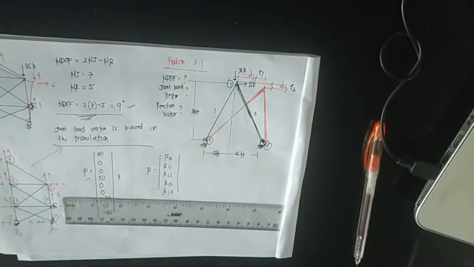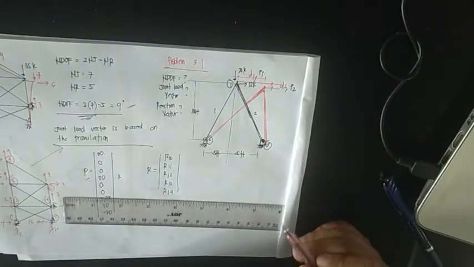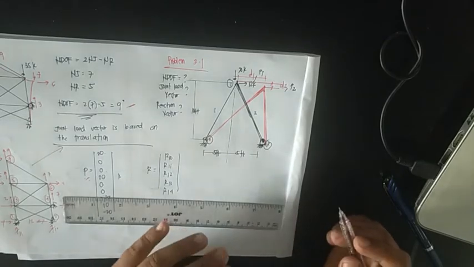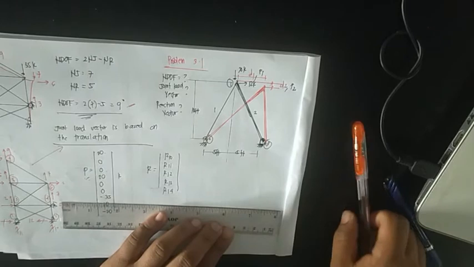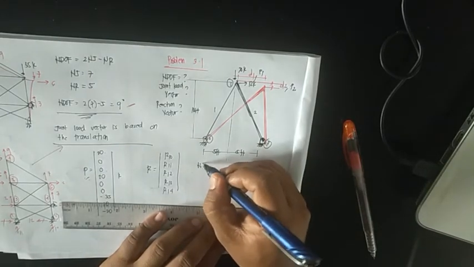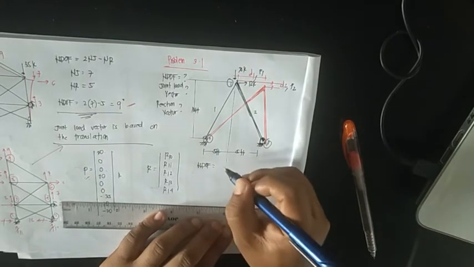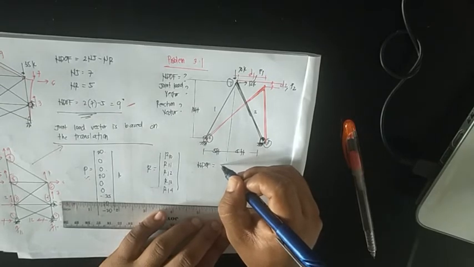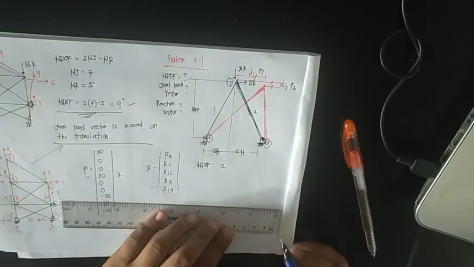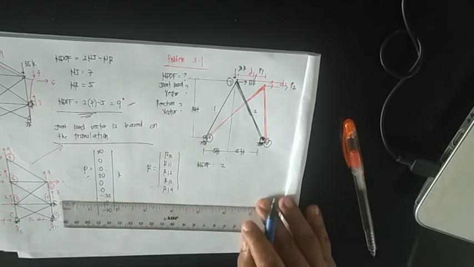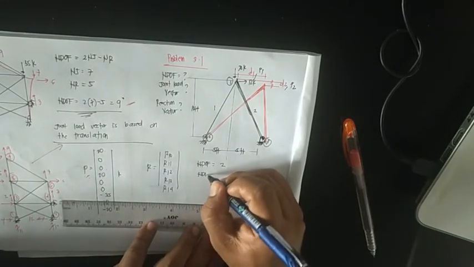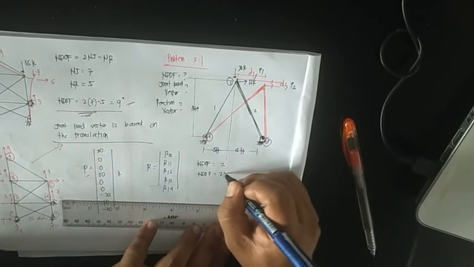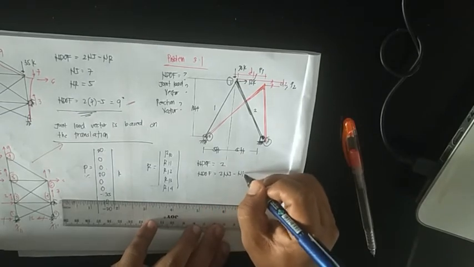Okay? So now, based on the figure that we have, we can conclude now that the number of degrees of freedom will be 2. Okay? So if you do not believe it, we can check. The number of degrees of freedom will be 2 times the number of joints minus the number of reactions.